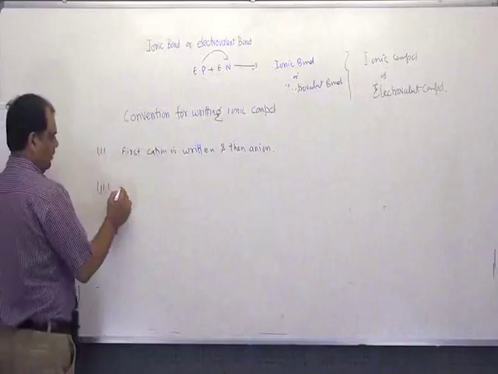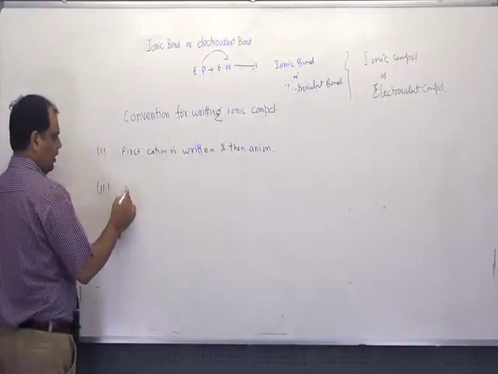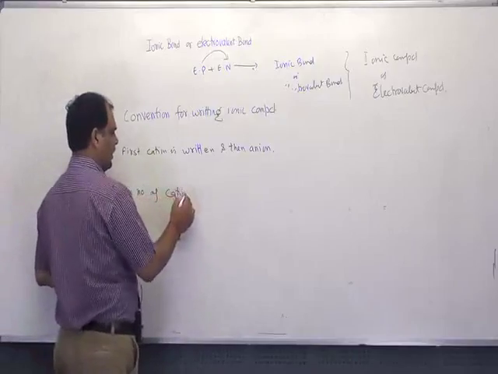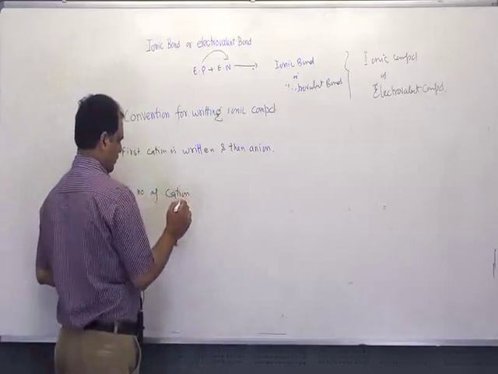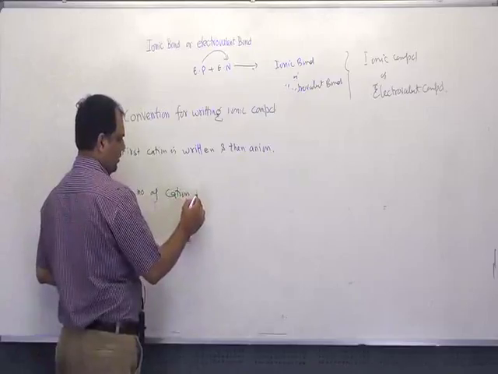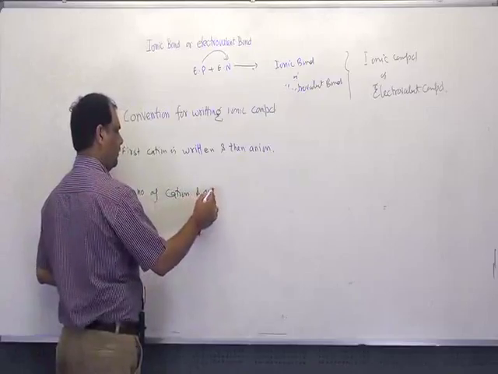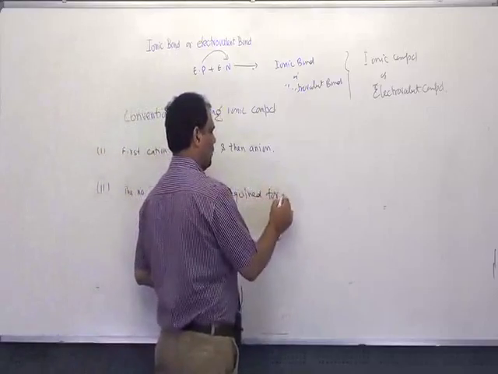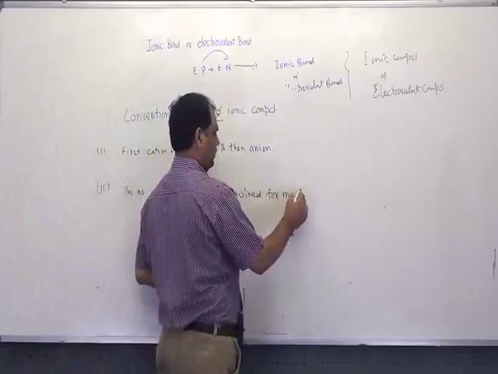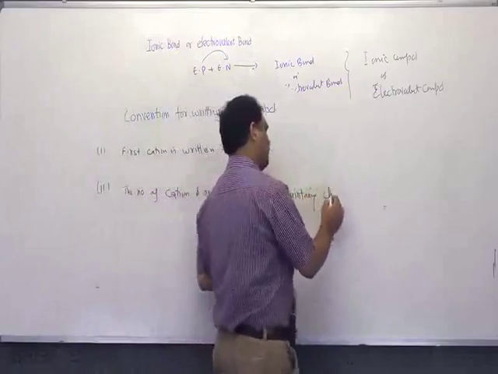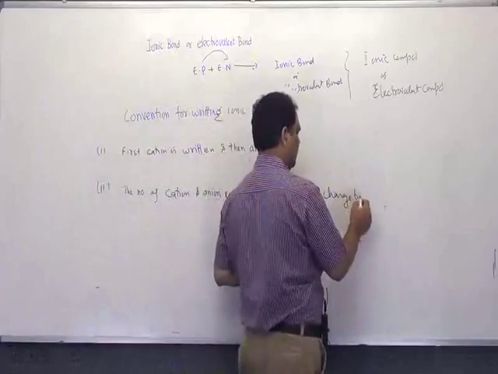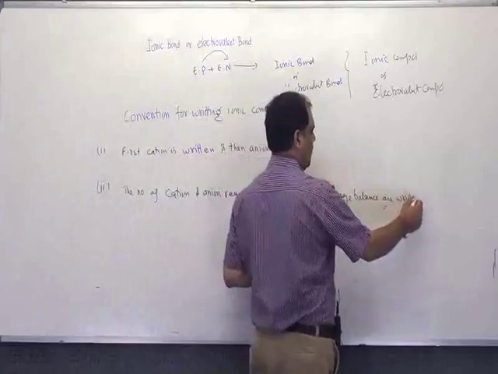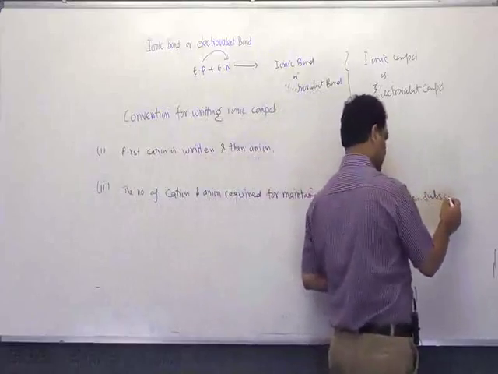Second condition is the number of cations and anions required for maintaining charge balance are written in subscript.